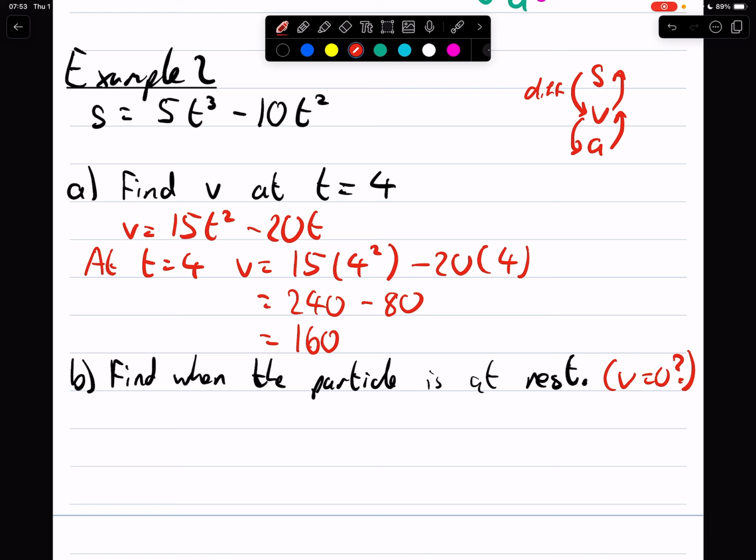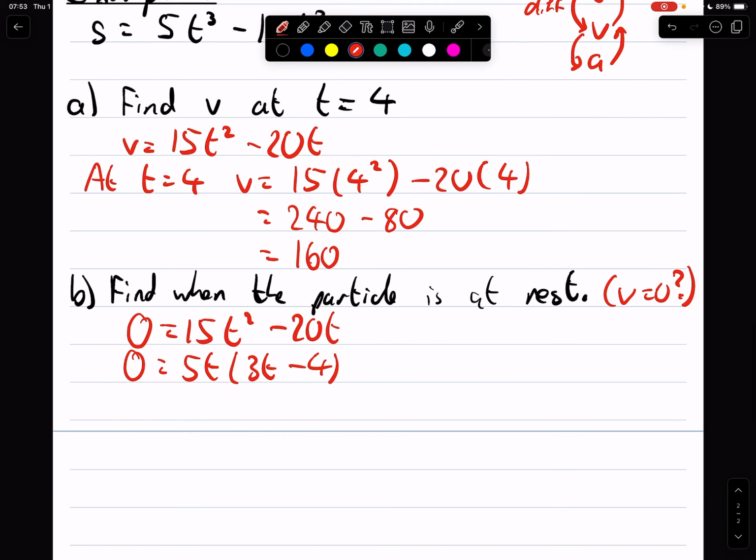So if we use our V equation, you'd have 15t squared minus 20t equals 0. So it turns out, based on this, that it happens when t equals 0, but it also happens when t is 4/3.